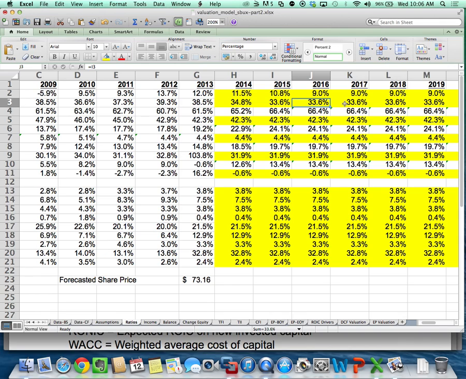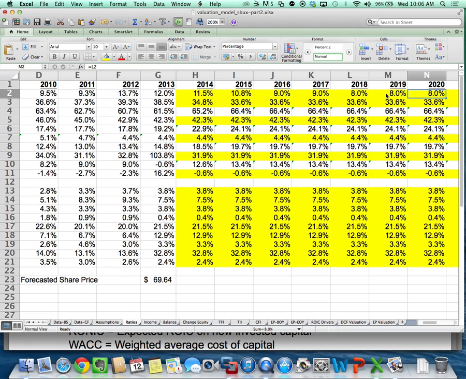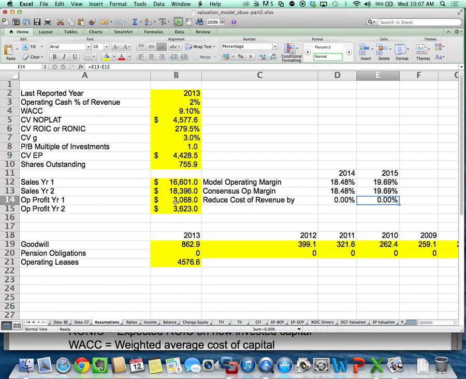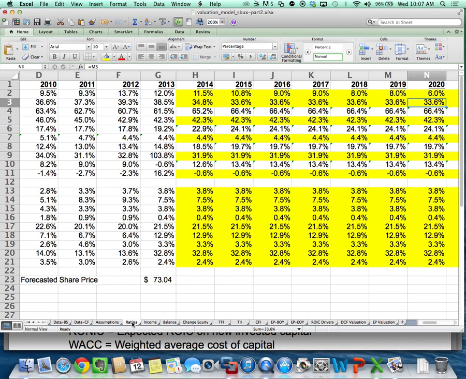So here's one of the arguments you can make for Starbucks. The growth slows, but the continuing value, because Starbucks continues to expand in other parts of the world, grows at 4%, not 3%, because Starbucks is tapping into the value of Asian growth.